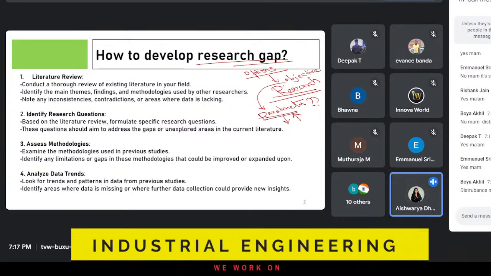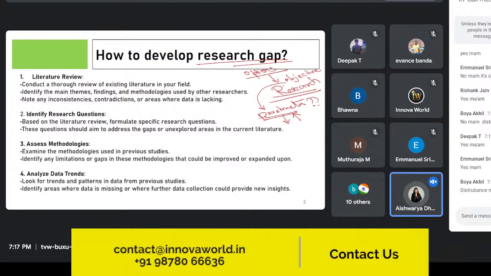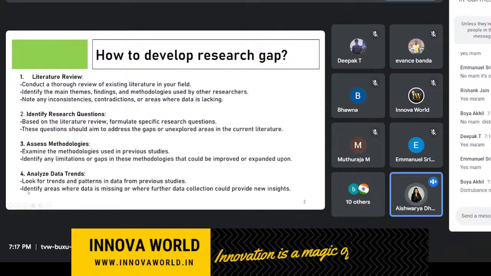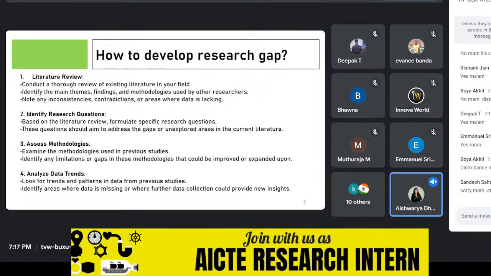So why do we need to develop a research gap? A research gap is a procedure which gives us an option about our research objective. It helps to highlight our research objective.